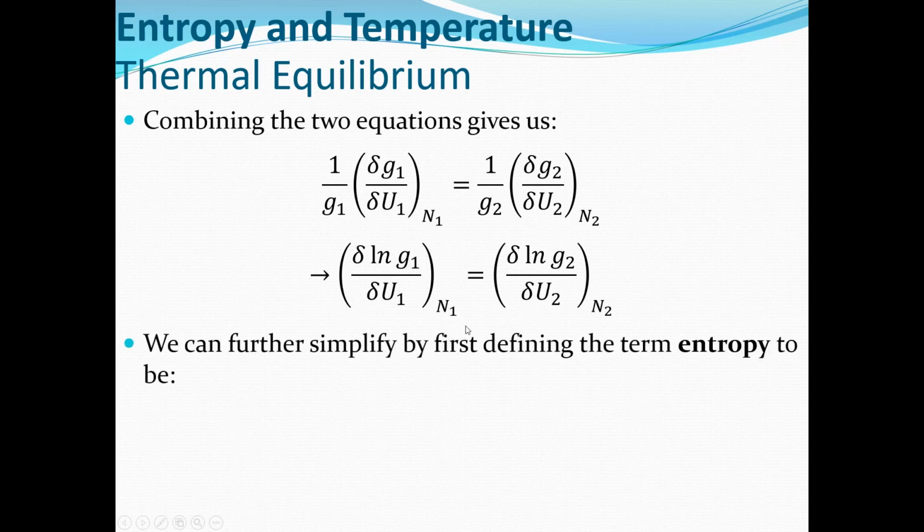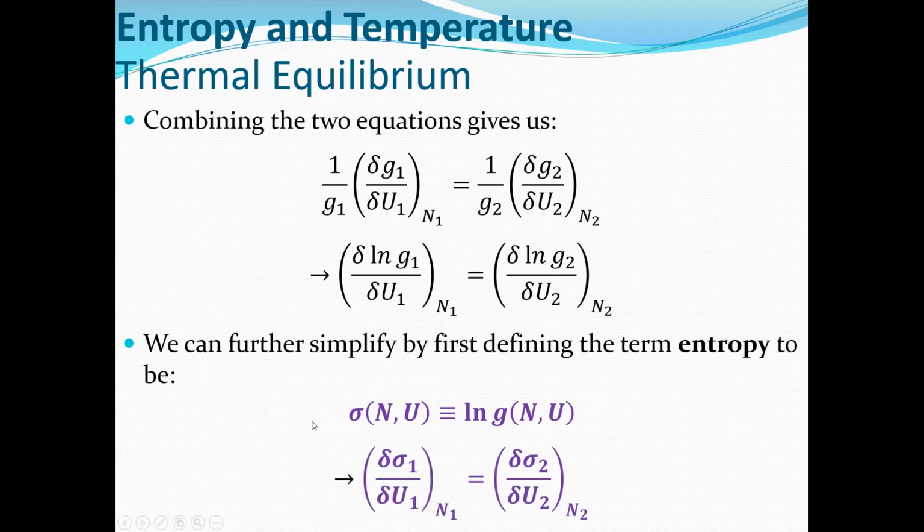From here, we can simplify it one step further by bringing in the concept of entropy. We're going to define the term entropy as being ln of this multiplicity function. So this is our entropy equation: when we know the number of accessible states and we take the ln of it, that's what the entropy is.